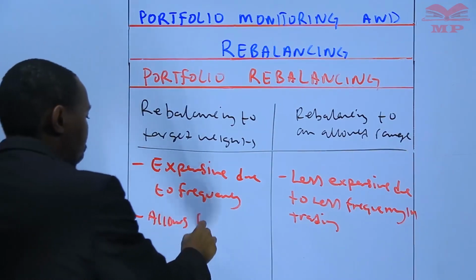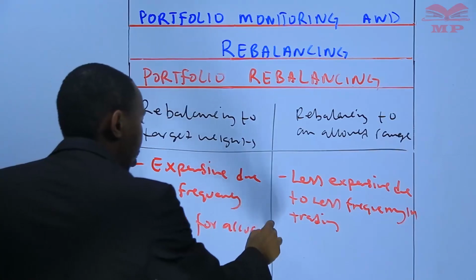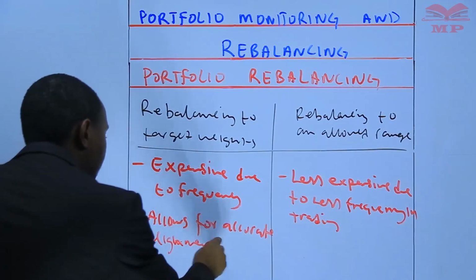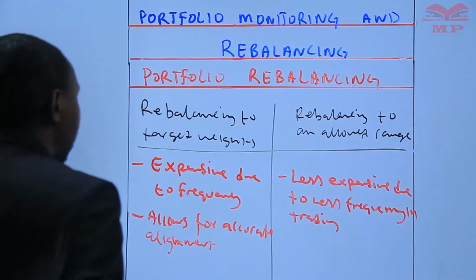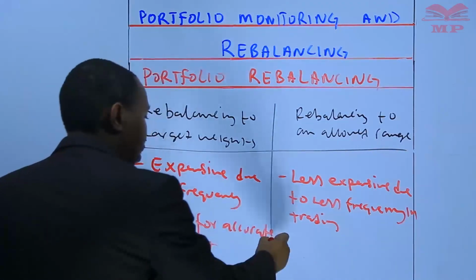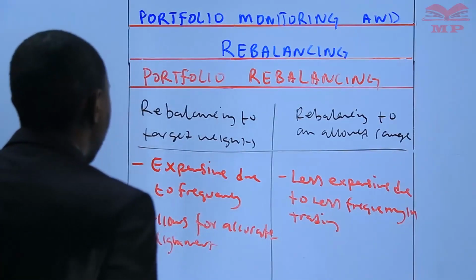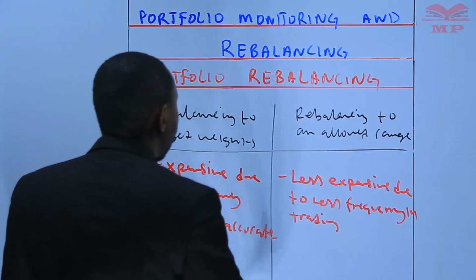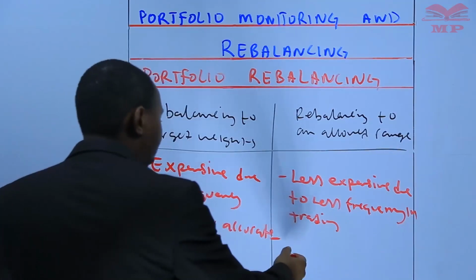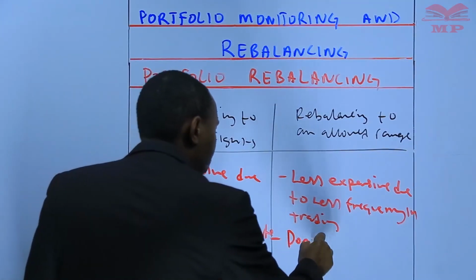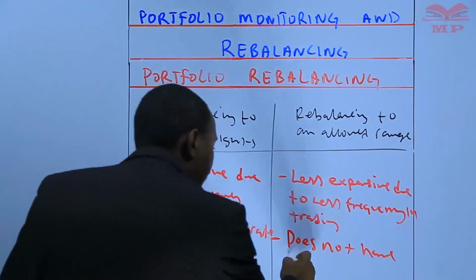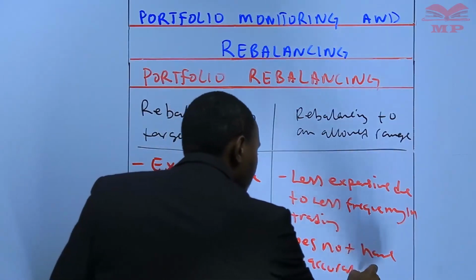Rebalancing to target weights allows for accurate alignment, and over here, rebalancing to a range does not have or implement an accurate alignment.